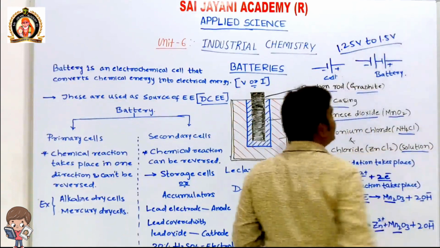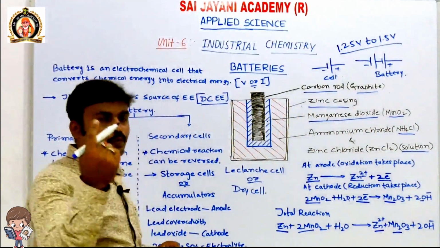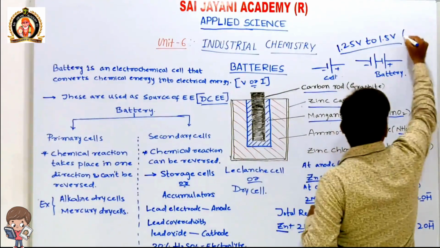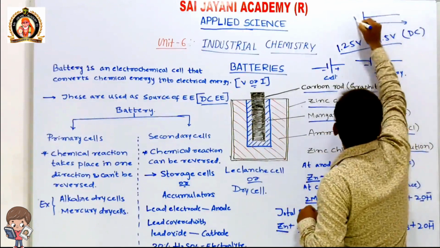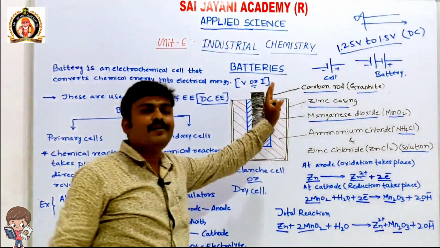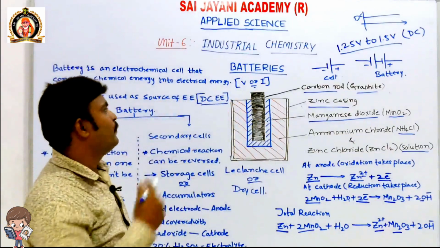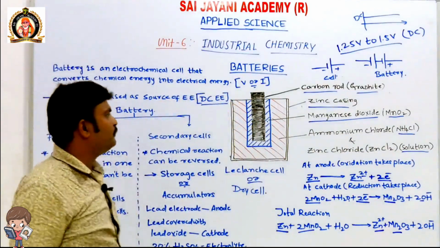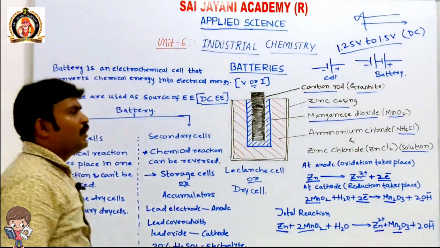One single dry cell can produce 1.25 to 1.5 volts DC. Okay, DC means direct current. So a single cell will produce 1.25 to 1.5 volts DC form of energy. Okay. So this is about the construction and working of the dry cell.